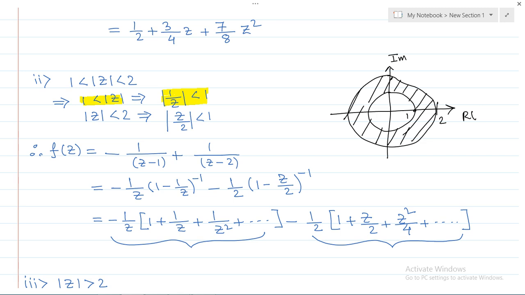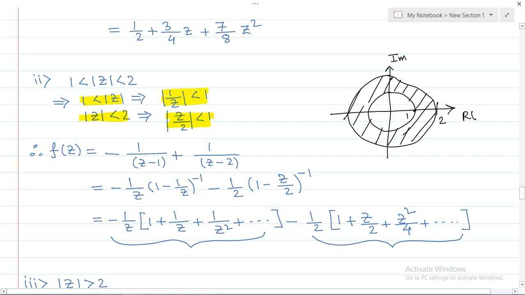For all those formulas you have seen that I have written the region of convergence is modulus of x less than 1. So to apply those formulas I have to make the common ratio less than 1. Similarly we are having modulus of z less than 2. So how can we make it less than 1? Divide by 2 itself. So modulus of z by 2 is less than 1.